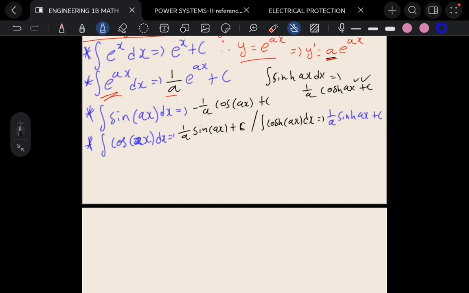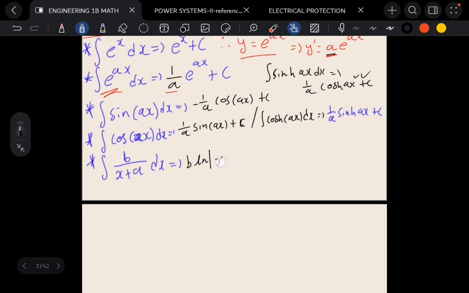Please, I'm begging you when you do this. Again, when we integrate 1 over x plus a, where a is a constant, let's put a b there, b over x plus a dx, this integral is going to be b ln x plus a plus c, right?